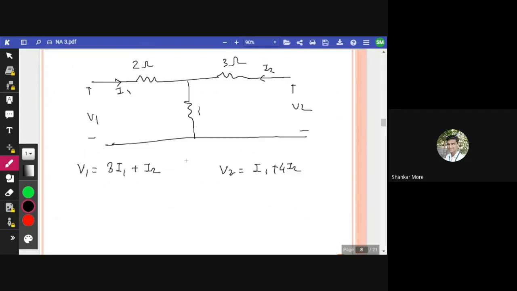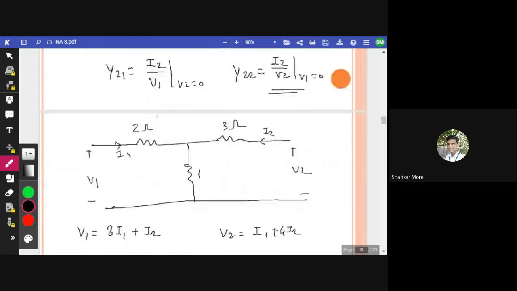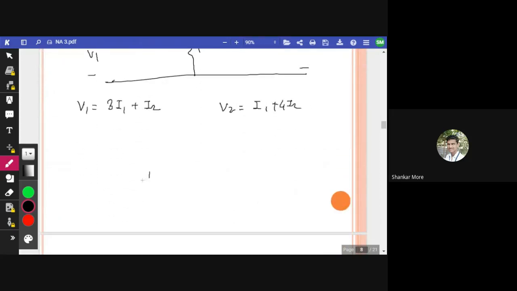Now how do we modify this? Let us compare these two equations with the equations for Y parameters. So let me just write down the equations for Y parameters. What are the equations? I1 is equal to y11 V1 plus y12 V2, and I2 is equal to y21 V1 plus y22 V2.